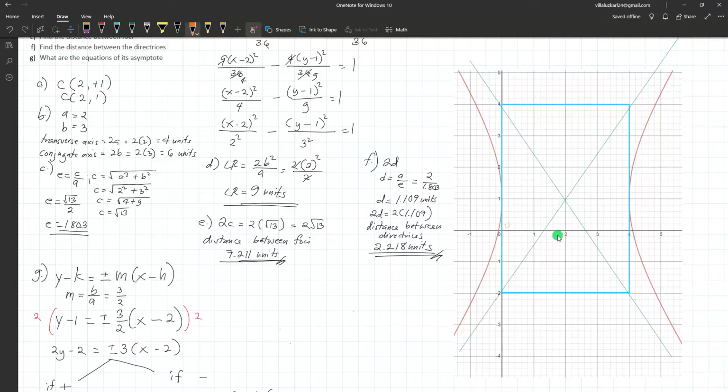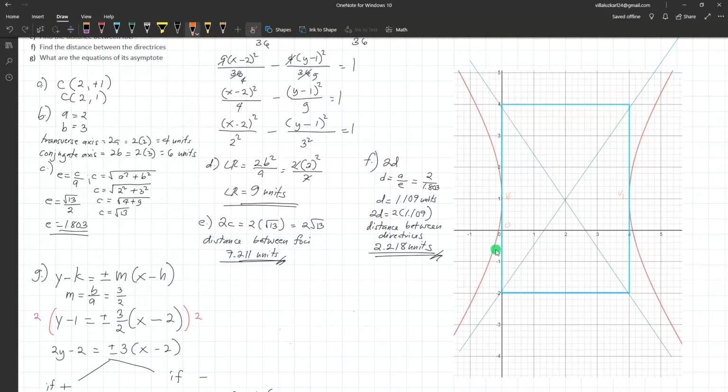So this is your center. Then your transverse axis is horizontal, and we will use that in locating the vertices of the hyperbola. So 2 units to the left, this is vertex 1. 2 units to the right, vertex 2.